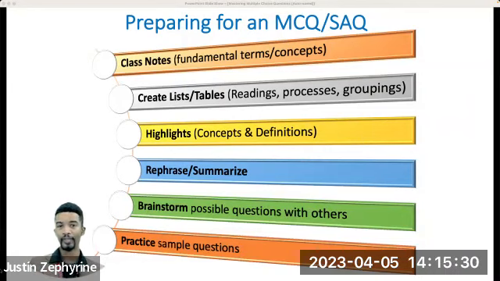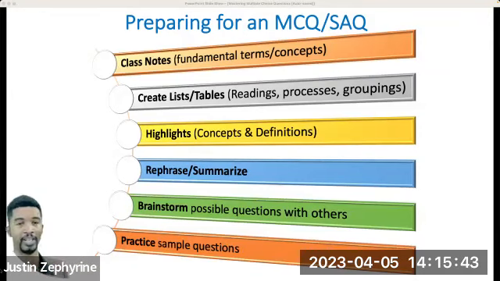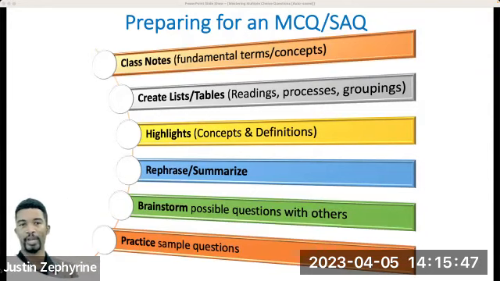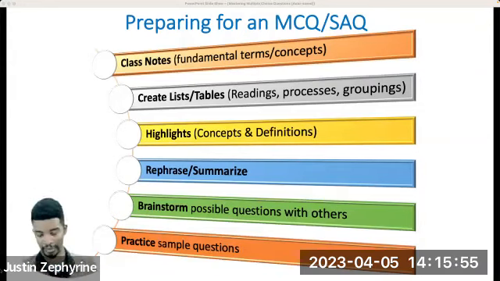And like I said, brainstorm questions with others where necessary. That's a good way, because sometimes you might think of something and then somebody else might come with something that you didn't think of, but you need to know, all right? So it helps you prepare, so nothing catches you by surprise, basically. And of course, practice questions. You can do that with others as well. Collaborate in that regard. Now, let me just move the slideshow a little further.